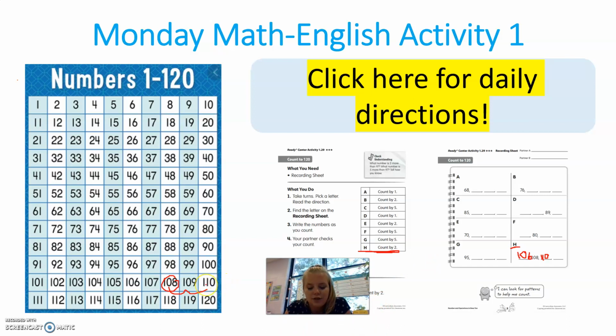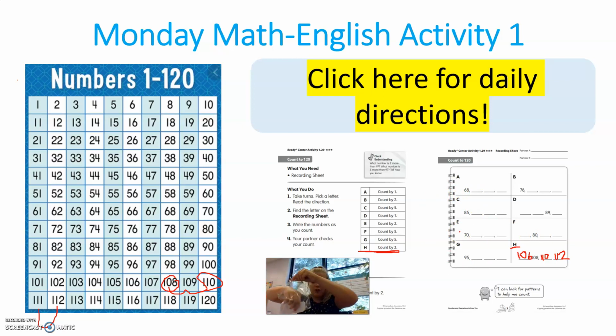So here's 110. I'm going to go, here's 1. My 1 jump is to 111, and 2 all the way to 112. So 2 more than 110 is 112. Perfect.